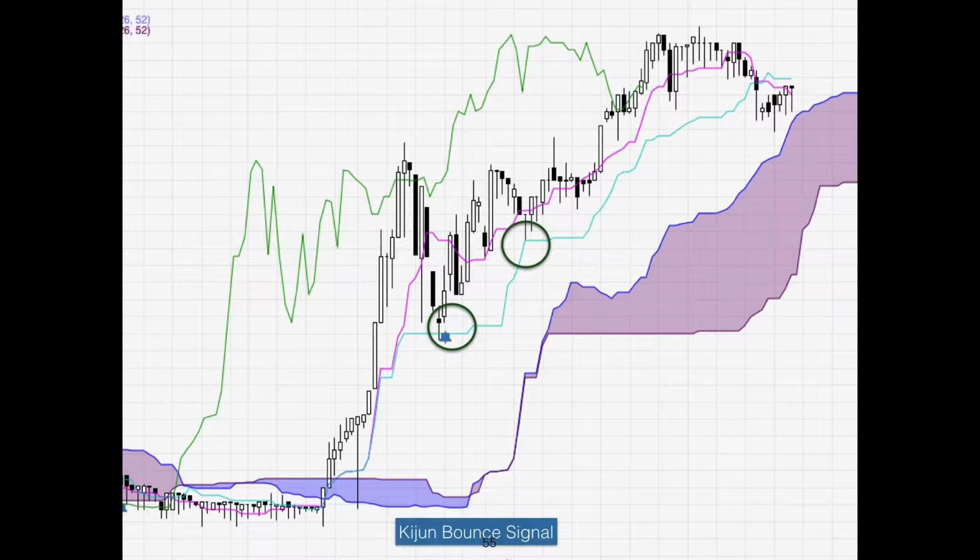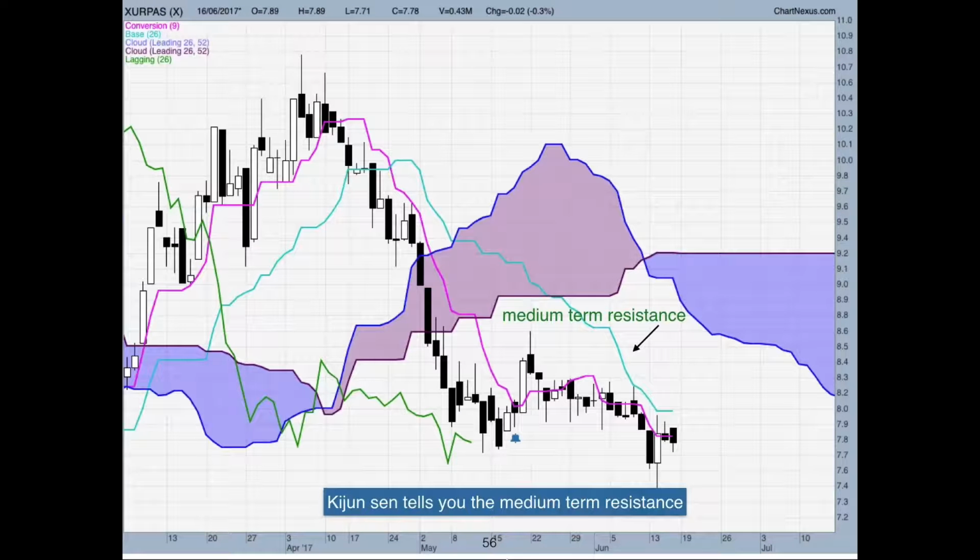So for swing traders, this Kijun-sen line is a good price level to buy into the market. But once price falls below the Kijun-sen, it becomes the medium-term resistance.